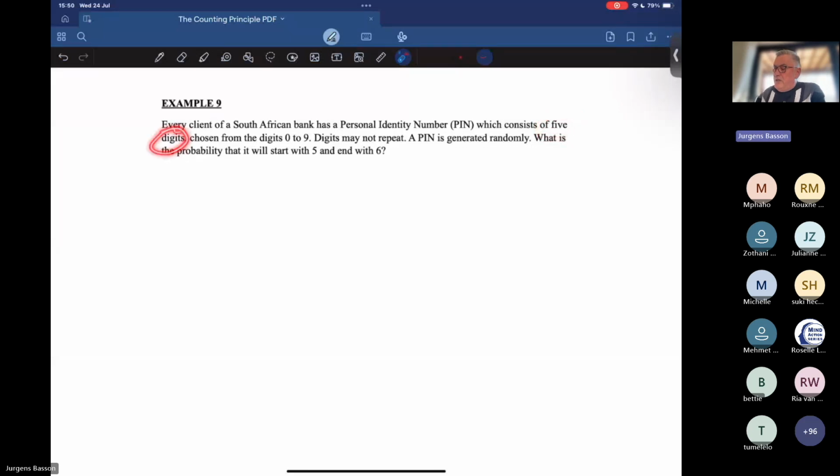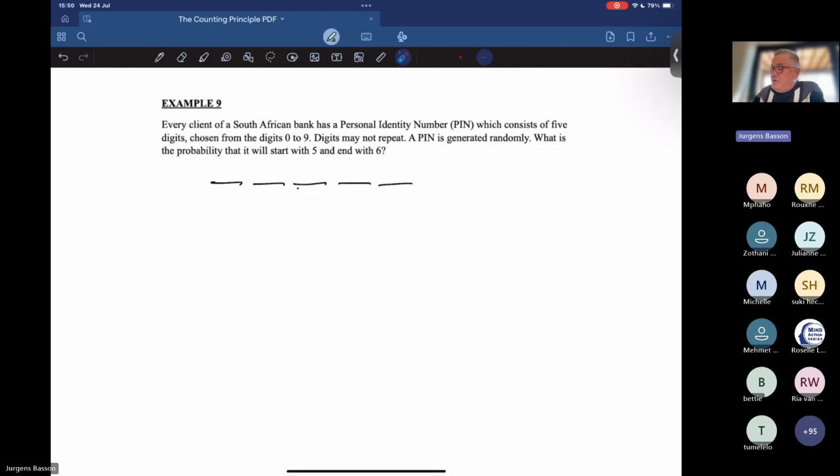Now, the moment I read this 5 digits, it sounds to me like, if I can just draw the 5 lines, 1, 2, 3, 4, 5, that I've got only 5 positions available because that is my PIN number, that represents my PIN.